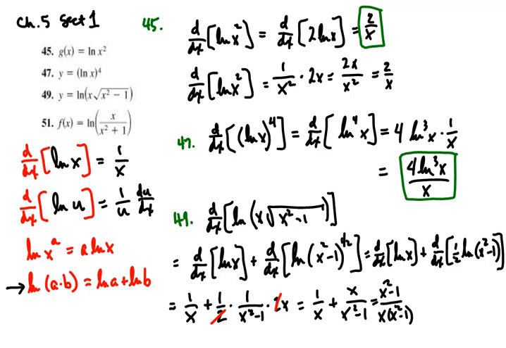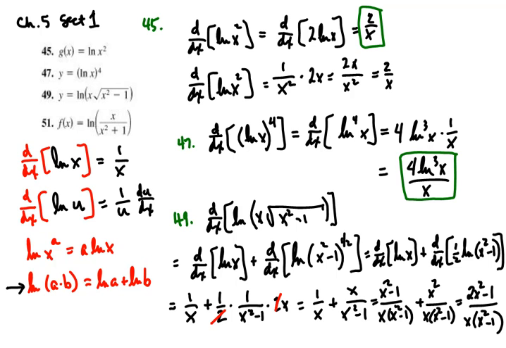And the second term, we'd have to multiply top and bottom by x, so we'd get plus x squared over x times x squared minus 1. And when we put it all together, we would get 2x squared minus 1 over x times x squared minus 1.